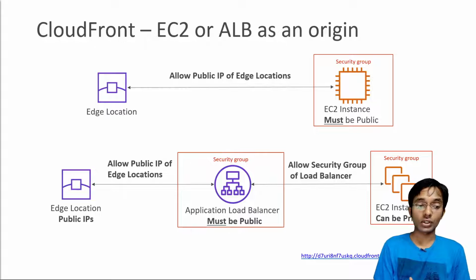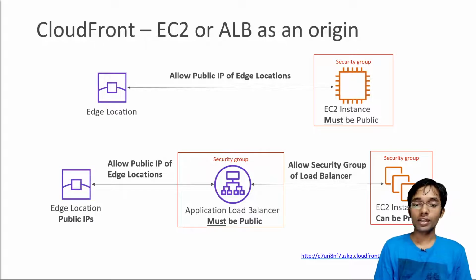It has a security group around it, and it exposes an HTTP server, and we want to have CloudFront in front of the HTTP server. So we'll have a bunch of edge locations around the world, and the edge locations need to be able to reach our EC2 instance to get the content it needs. Therefore, the security group must allow the public IPs of all the edge locations into it.